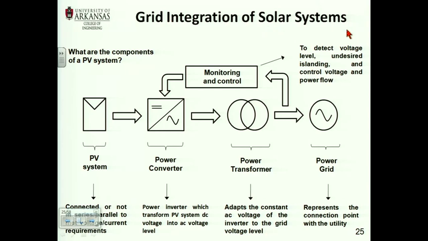So when you integrate this into a distribution system, what you have is a PV system. This is about 20 volts to 25 volts. And here, if you are at home, you got 120. So how do you go from 20 volt, 25 volt DC to 120 volt RMS? Well, this could be the utility system, the power grid.